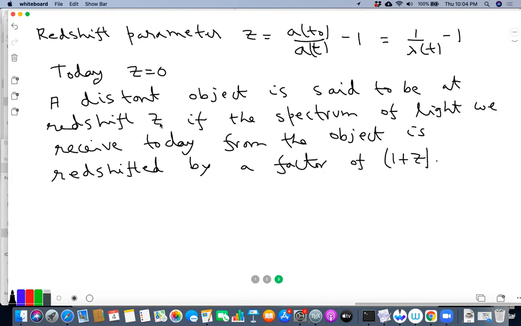The larger the redshift, the farther away the object is, because earlier the light would have started from that object.